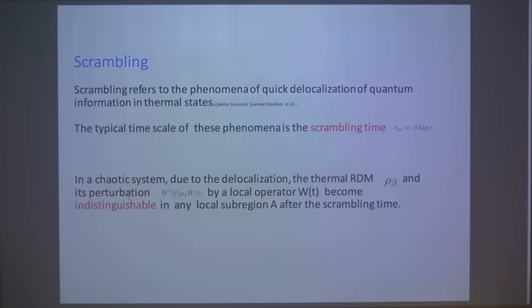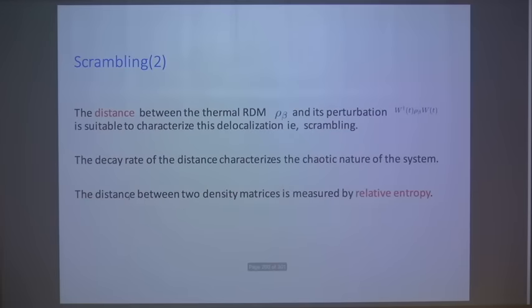The typical time scale of this phenomenon is the so-called scrambling time, which is given by the logarithm of the number of degrees of freedom. And this implies that in a chaotic system, for any local subregion A, the reduced density matrix of the thermal ensemble and its perturbation cannot be distinguished after the scrambling time.